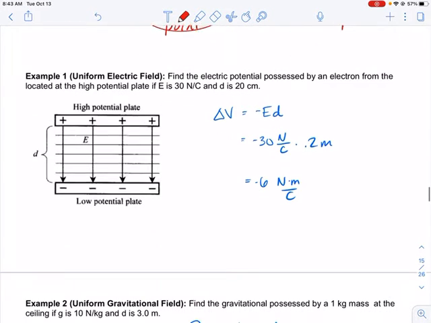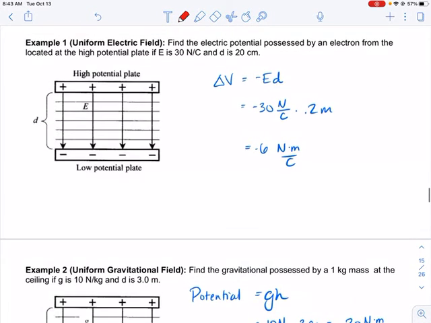Let's revisit some examples. Example 1, in a uniform electric field: find the electric potential possessed by an electron located at the high potential plate if E is 30 newtons per coulomb and D is 20 centimeters.